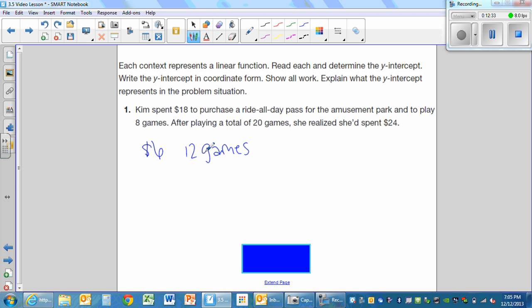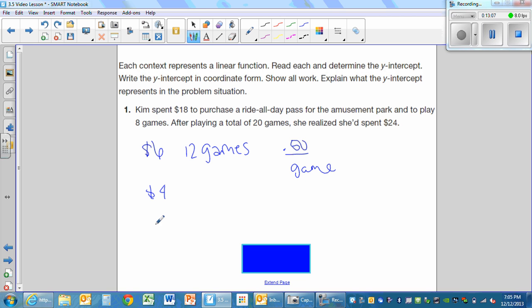Then I'm going to kind of work backwards, and I'm going to figure out that she paid 50 cents per game. And if she would have played the 8 games, that would have been $4, because 50 cents times 8 games is $4 for the 8 games.